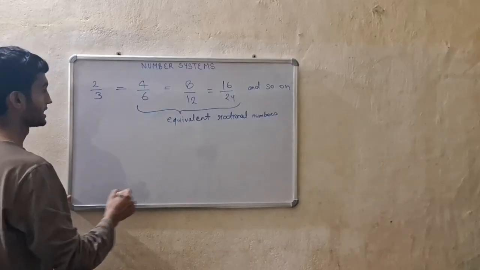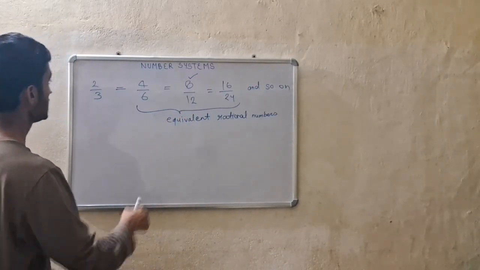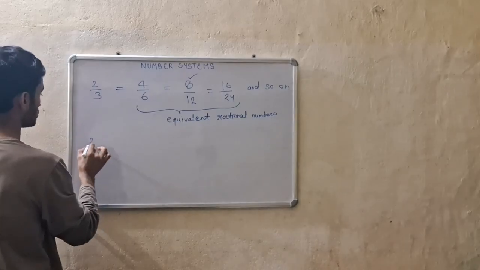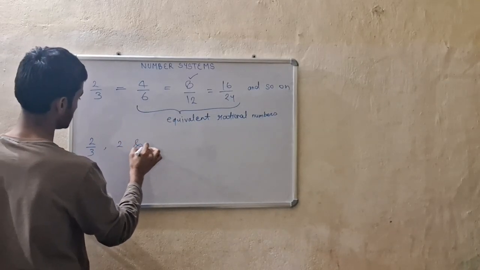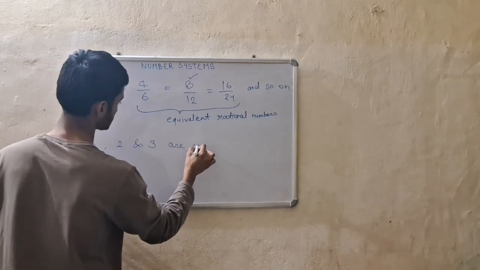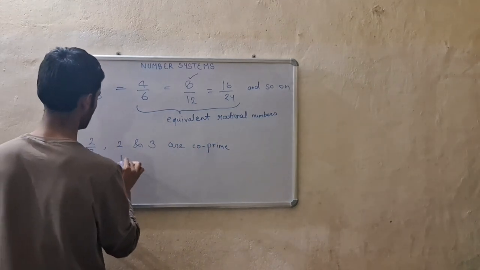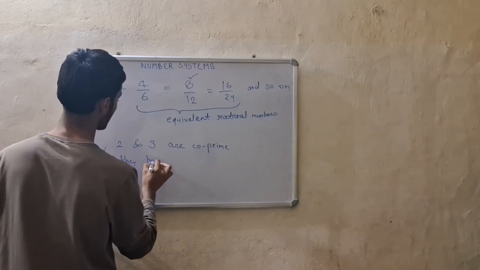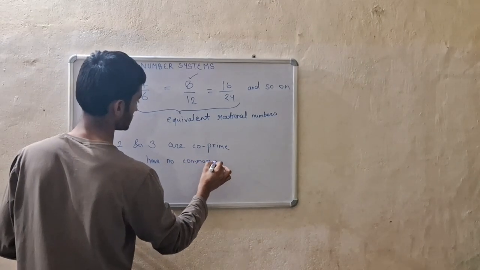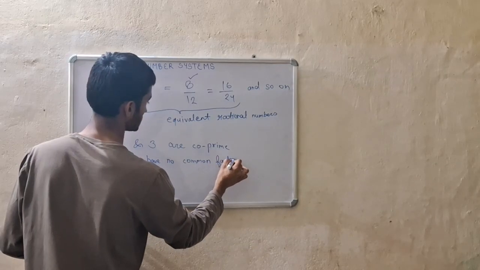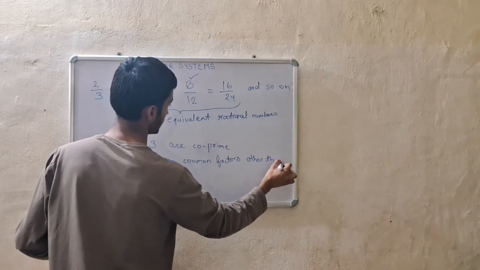For example, if you want to represent the rational number 8 upon 12 on the number line, we will use 2 upon 3. And here, as you can see, 2 and 3 are co-prime. What does it mean? It means that they have no common factors other than 1.